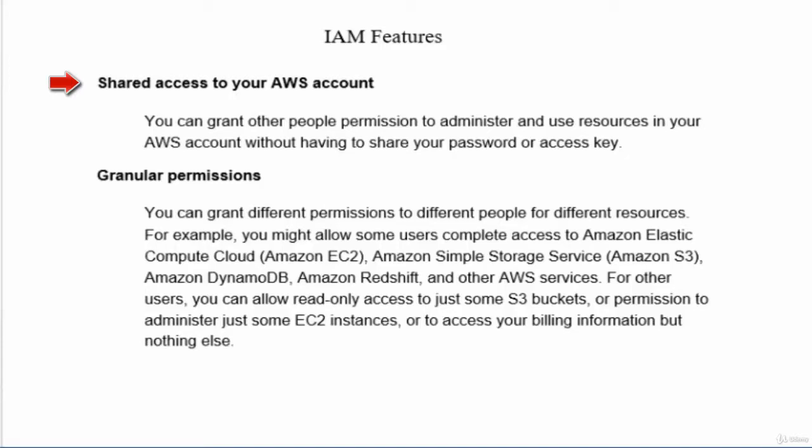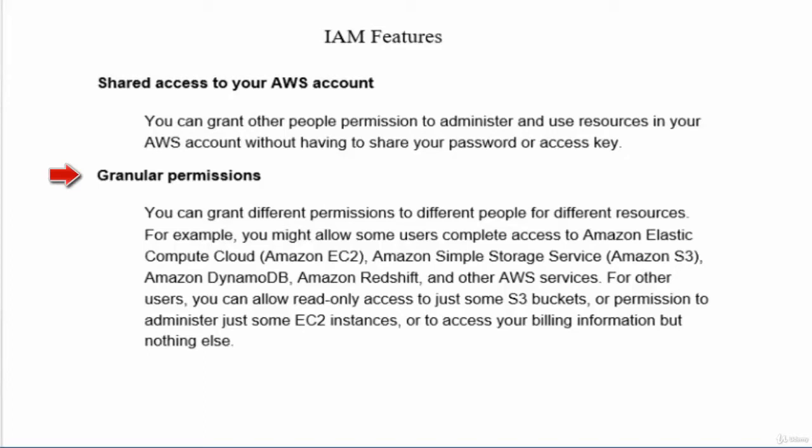So you can create a user with an administrator account and give him the access to manage your account. In that case, you are able to delegate permission to other users without sharing your root key.